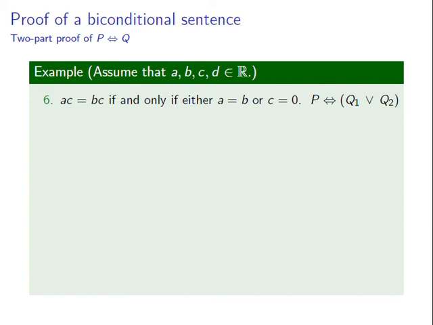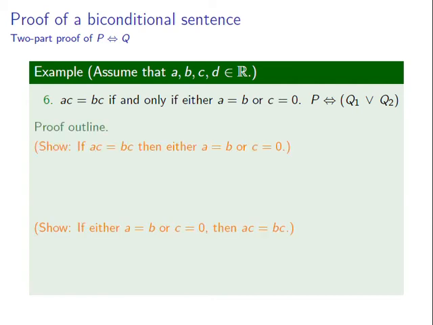Then the claim is a biconditional of the form P if and only if either Q1 or Q2. A two-part proof of this statement consists of the proof of if AC equals BC, then either A equals B or C equals 0, and the proof of if either A equals B or C equals 0, then AC equals BC.